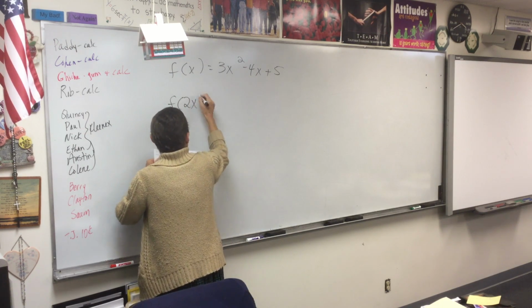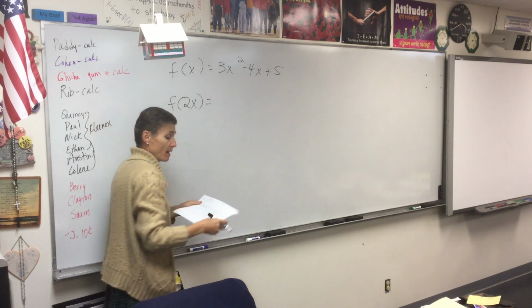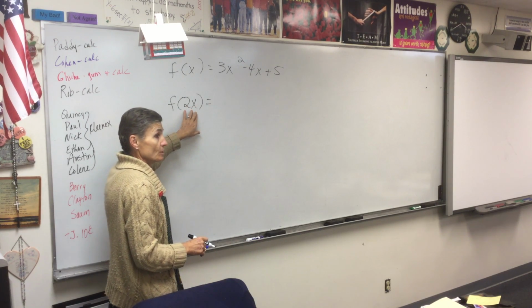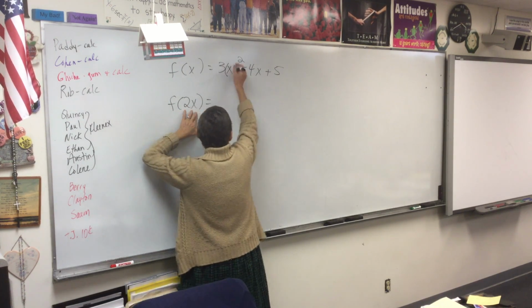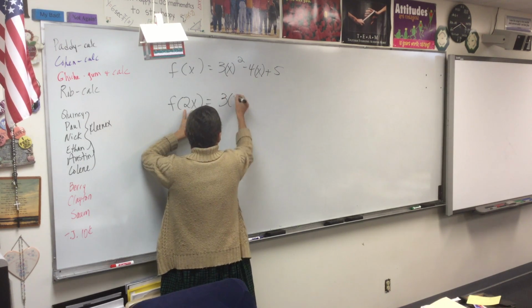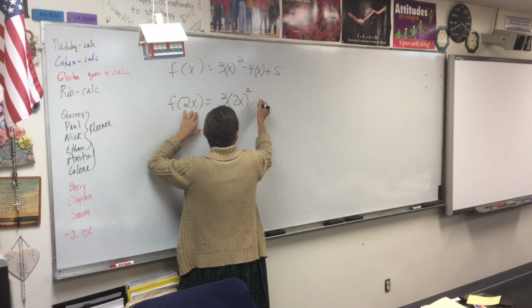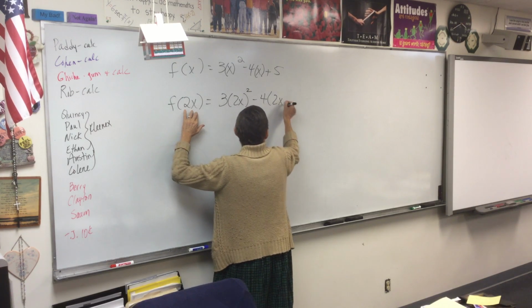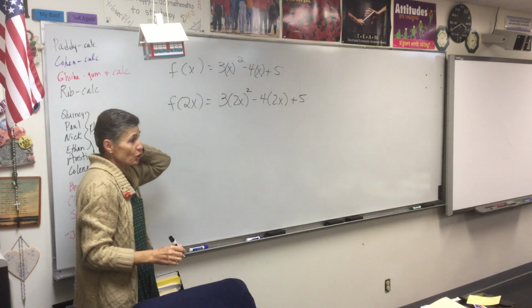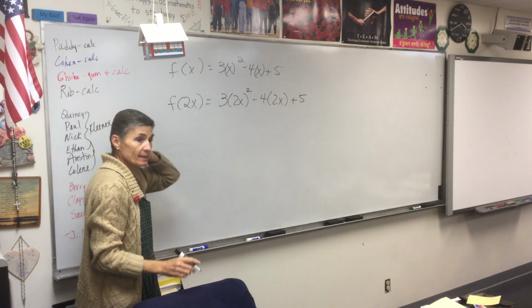Somebody said you just plug it in, and that's exactly right. So what do we plug in? We plug in 2x, and we plug it in for every x. So 3 times 2x squared minus 4 times 2x plus 5. It's just a matter of plugging it in.